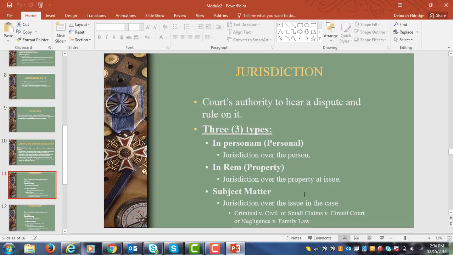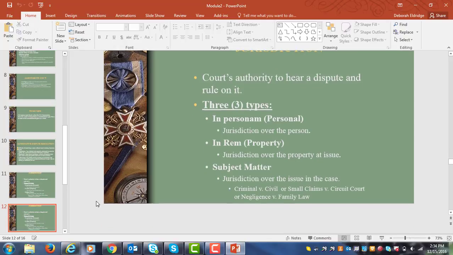In rem jurisdiction has to do with property issues, immovable property, real estate, things of that nature. So if a court is ruling from an in rem standpoint on property, that property has to be located in the state or the jurisdiction of the court in order for the court to actually rule and hear the case.